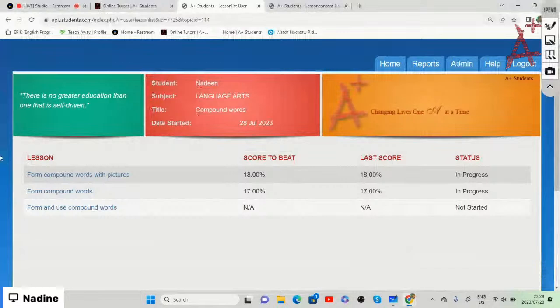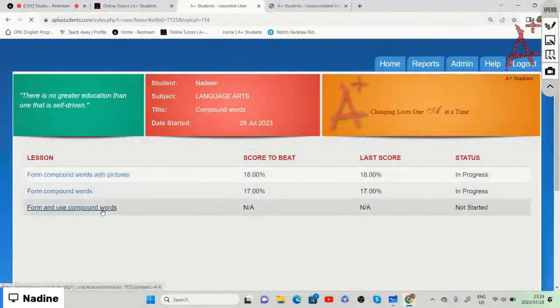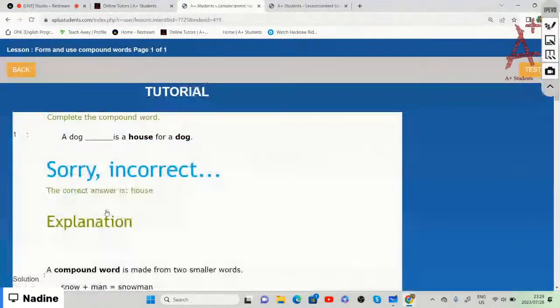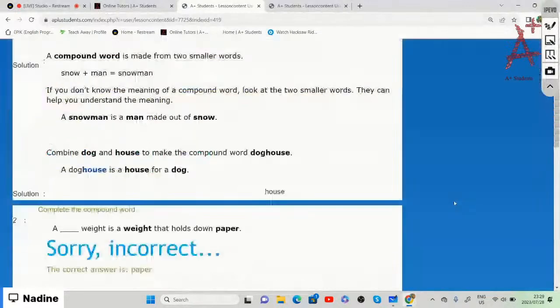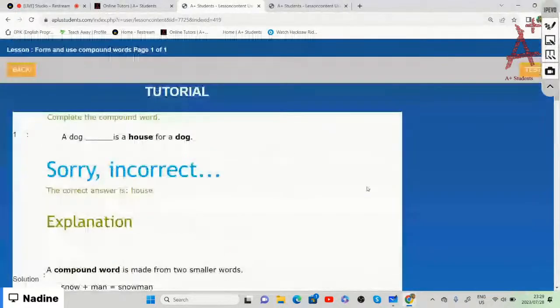So now we're going to the last one that says form and use compound words. We need to basically complete the compound word.